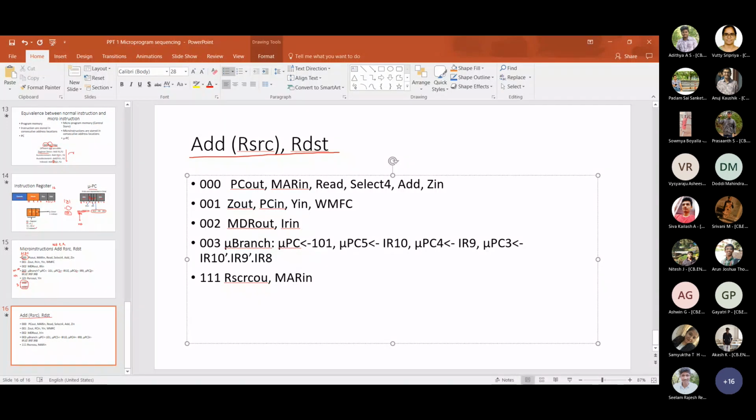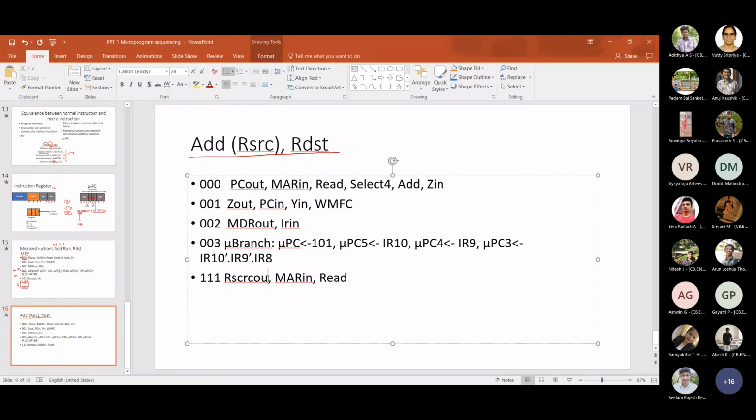MARN. Why is it MARN? Because R source contains the address. You have to go to that address location and get the value. And then after you put it in MAR, what signal should you activate? Read. Very good. Read should be activated. Okay. R source out.